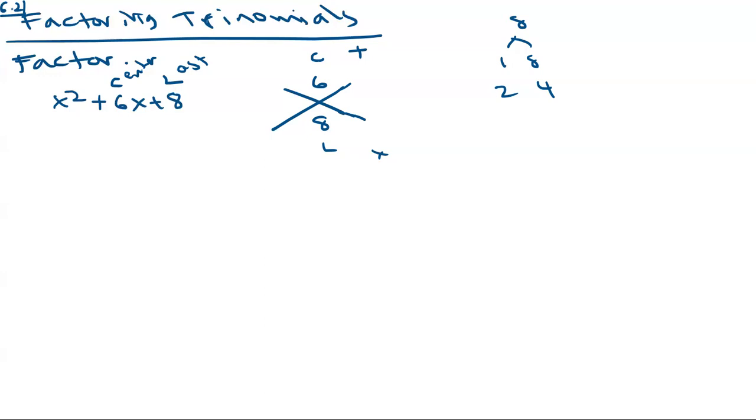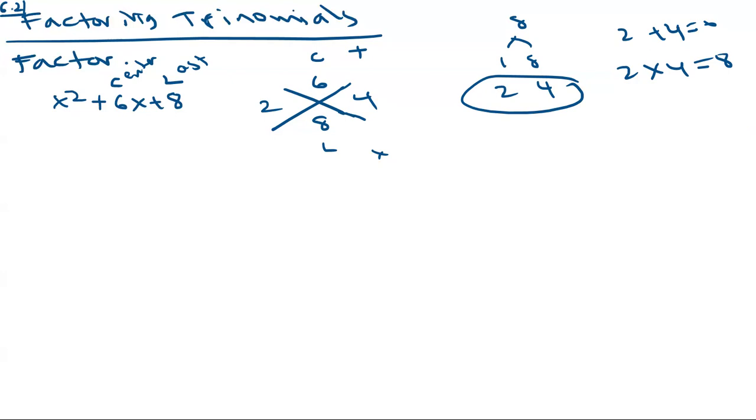So now what you want to do is pick the pair that's going to give you these conditions. When you add them, it's going to give you 6, and when you multiply them, the answer is going to be 8. So the most obvious one is going to be 2 and 4, because 2 plus 4 is 6, and 2 times 4 will give me 8.